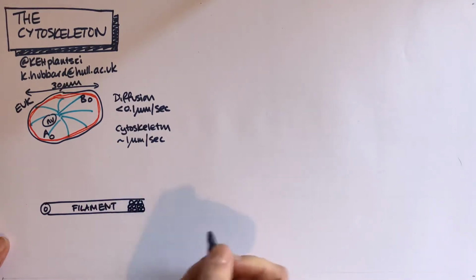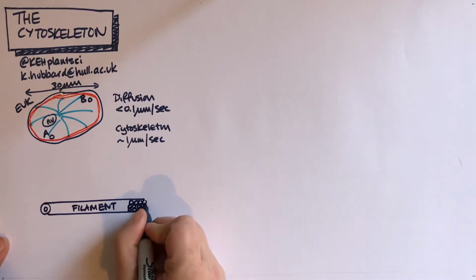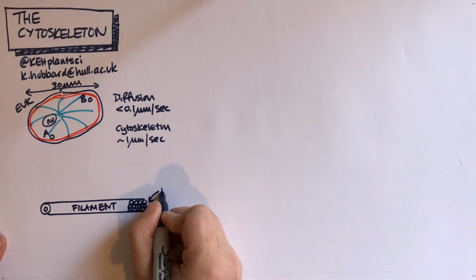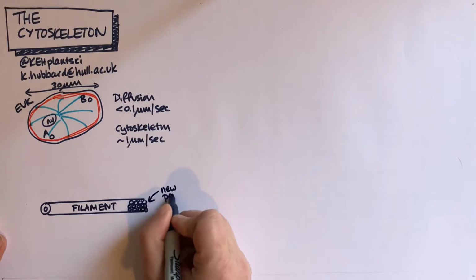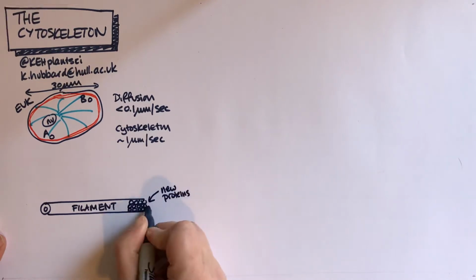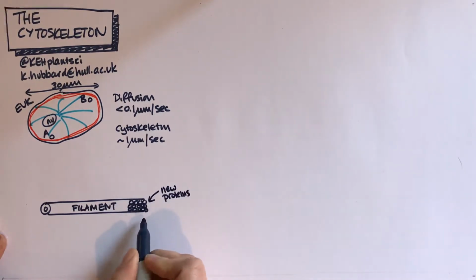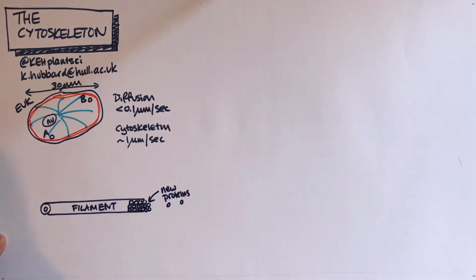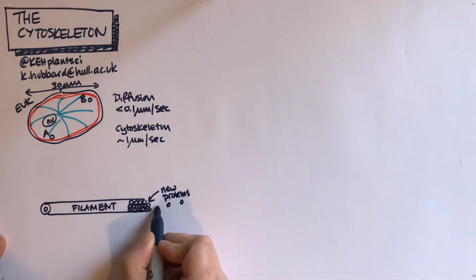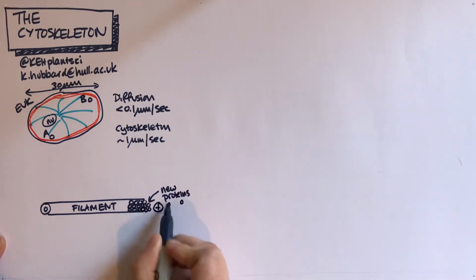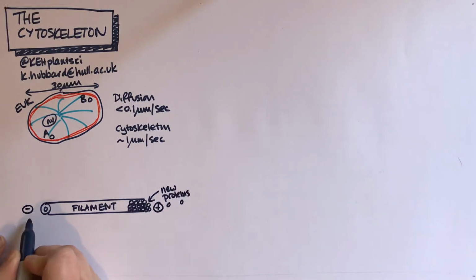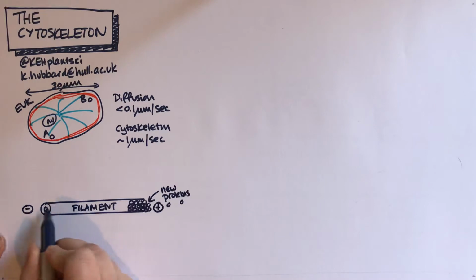And what can happen is that the filament can grow because it can have new proteins added at one end or the other. So we have new proteins come on and attach at the end. And that usually is directional. So we usually have what's called the plus end, where new proteins are added, and we might have a minus end where the filament is starting to decay.